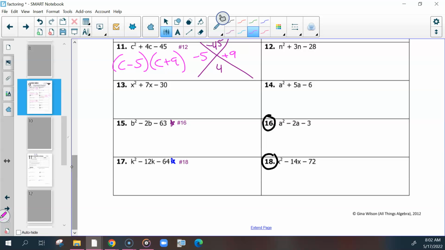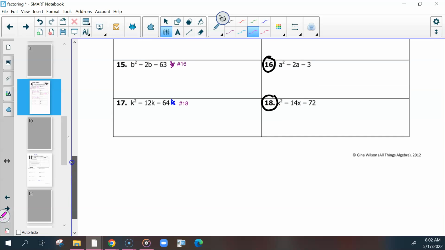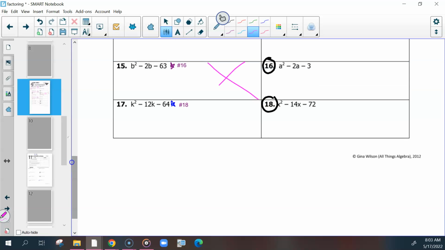We're going to skip down to 15. For 15, we're looking for two numbers that multiply to be -63 but add to be -2. The smaller this number is, the closer the two factors are.